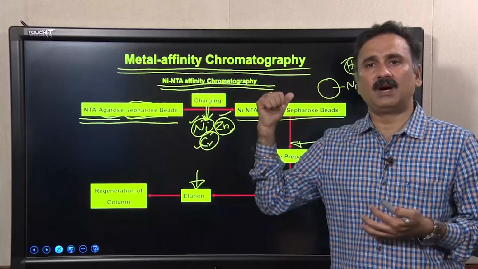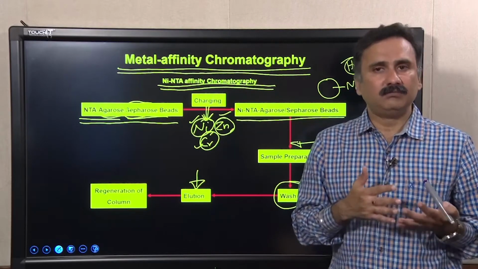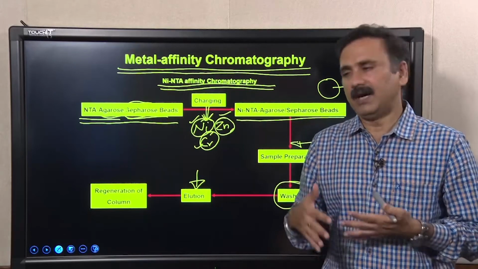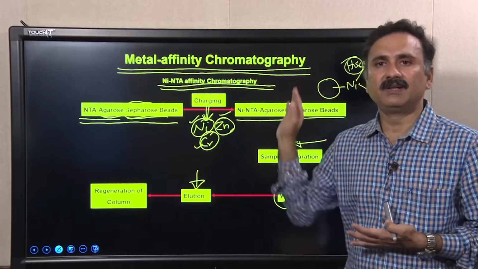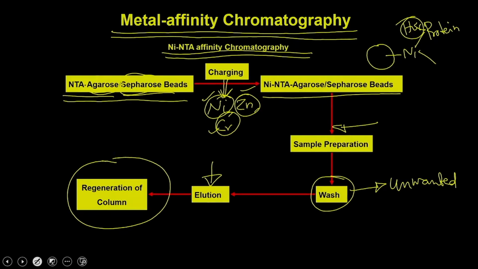In this case the counter ion is histidine, but ideally we do not use histidine, we use something else. Anyway, we are going to discuss that when we discuss these steps in more detail. After this, you have to wash the column and do the regeneration of the column.